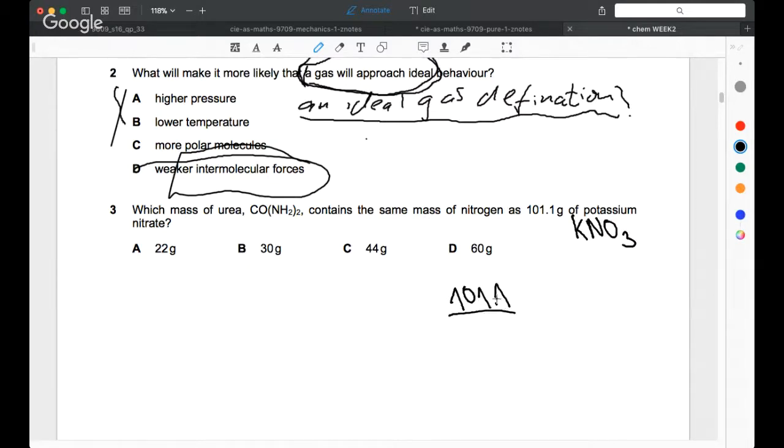I think I'll need the periodic table. I haven't got it with me. I can go get one. Okay.